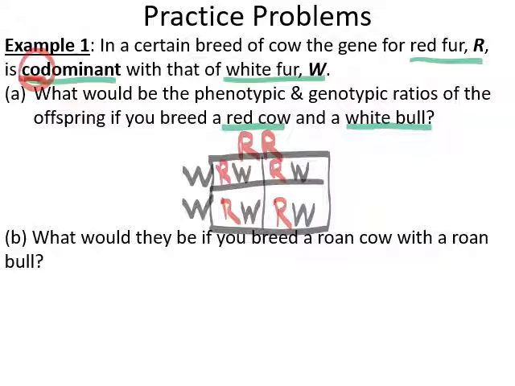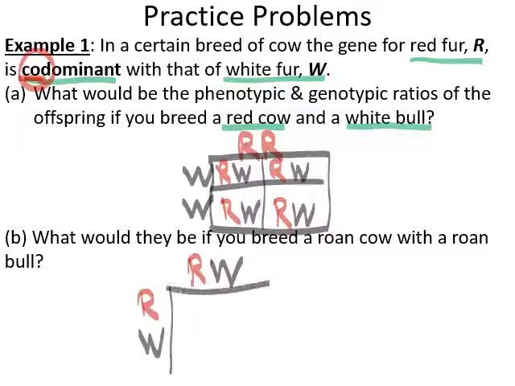So, next question. What happens if we took one of these roan cows, which would have one gene for red and one gene for white, and we bred it with another roan cow, which also has one gene for red and one gene for white? We can set up the Punnett square here, and so again, the one cow would pass on the red gene, and so would the other cow. In some cases, they would both combine.